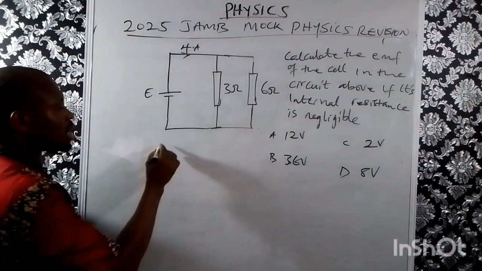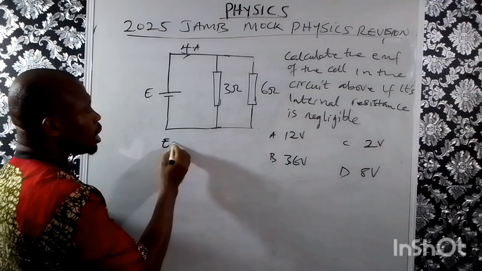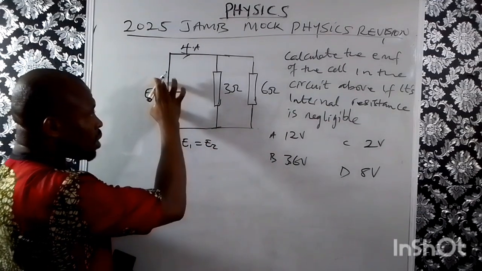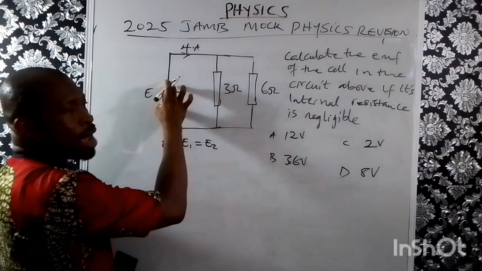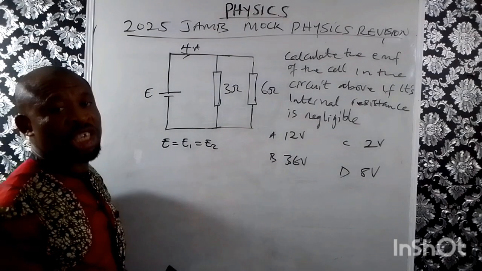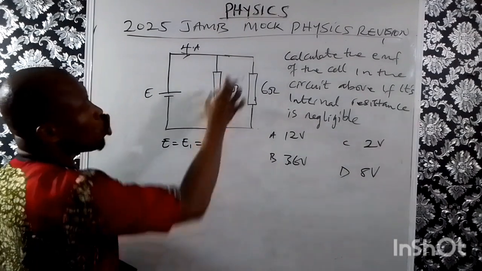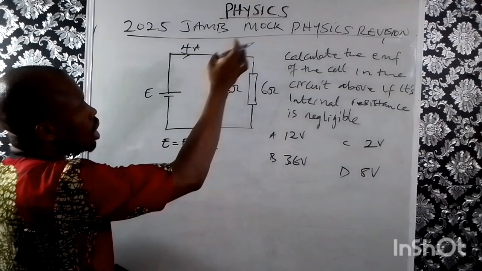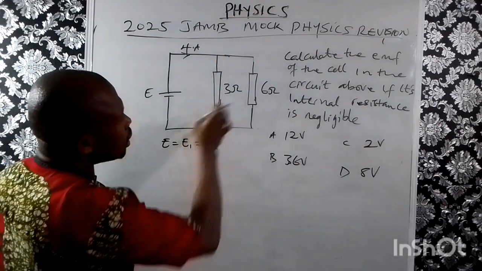Therefore, we now say that yes, the E here is equal to E1, which is equal to E2. The EMF flowing into this one is equal to the EMF flowing into this one, as well as the potential difference V. In other words, once you calculate the potential difference here, it is equal to that here.